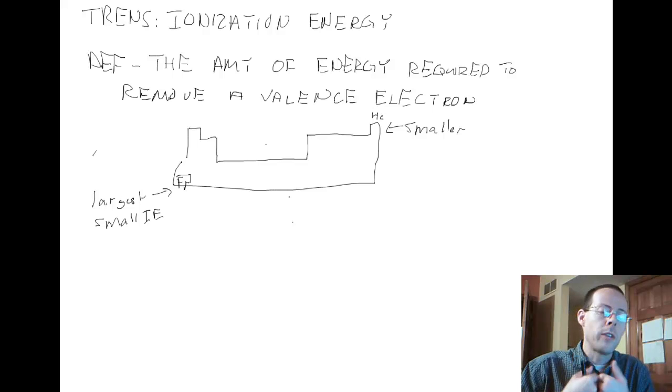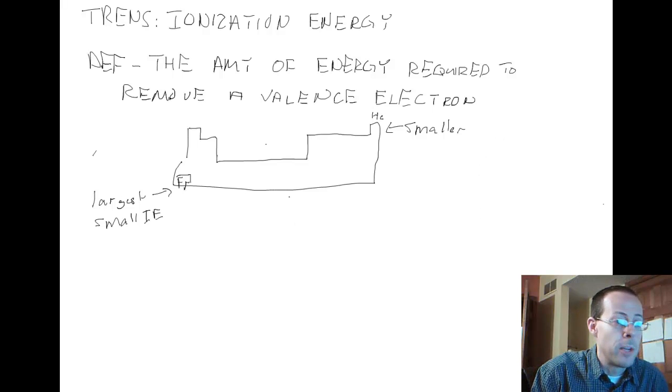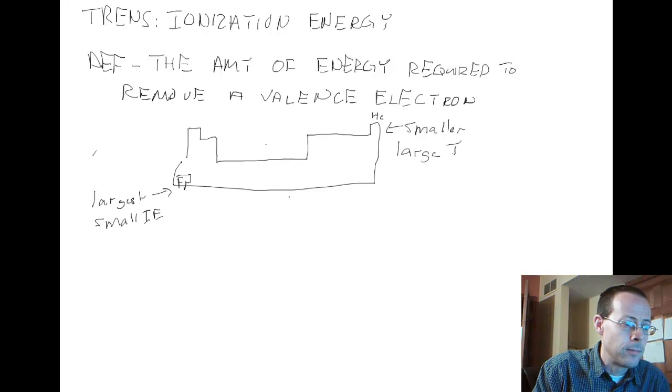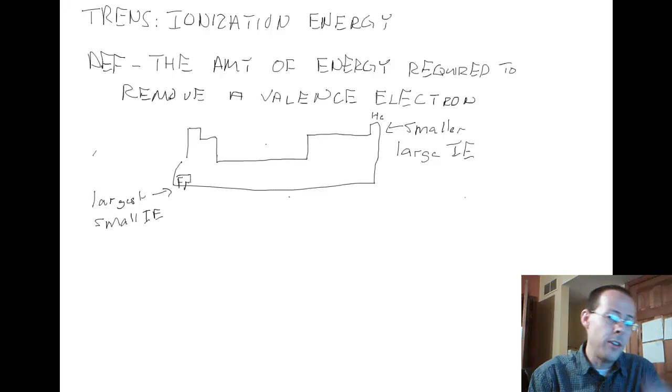They're really attracted, so it's going to take a bunch of energy to separate that electron from the nucleus, just because of their proximity. So smaller atoms have large IE. If you know the trends for size, the trends for ionization energy are exactly opposite.